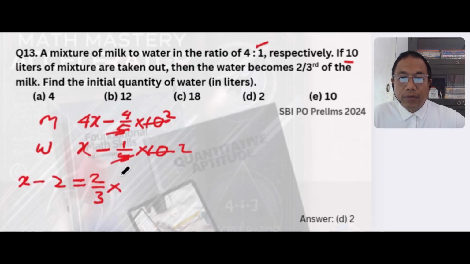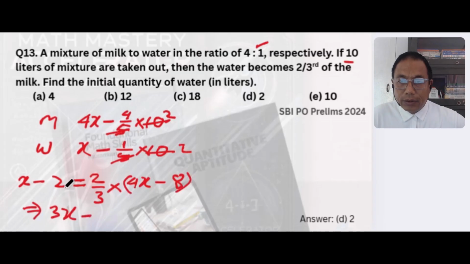Here is 4x minus 4 to our 8. Cross multiply. 3x minus 3 to our 6 equal to 2 4 8x minus 2 8 are 16.